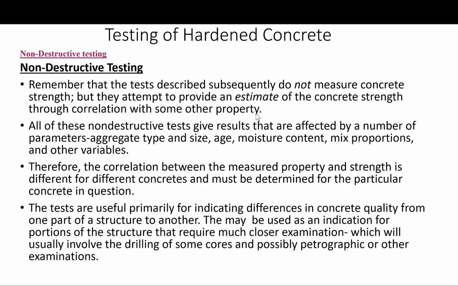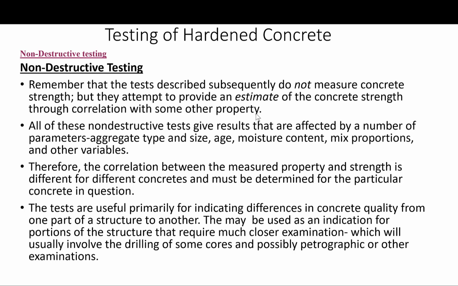So the correlation between the measured property and strength is different for different concretes and must be determined for the particular concrete in question. These tests are useful primarily for indicating differences in concrete quality from one part of a structure to another.